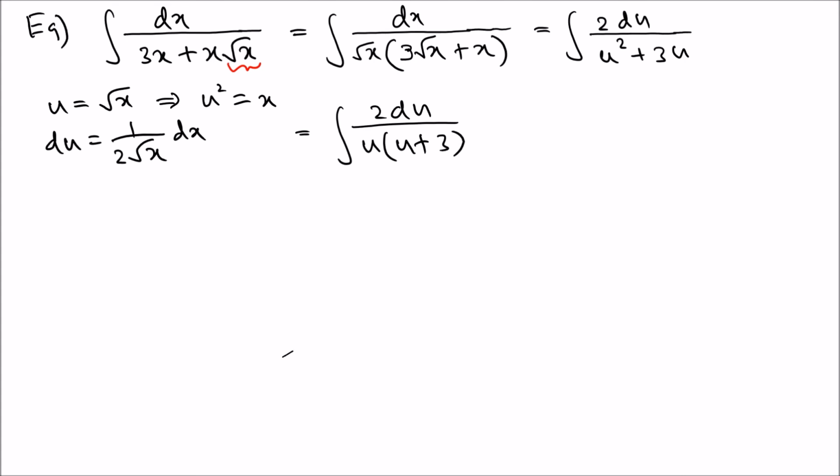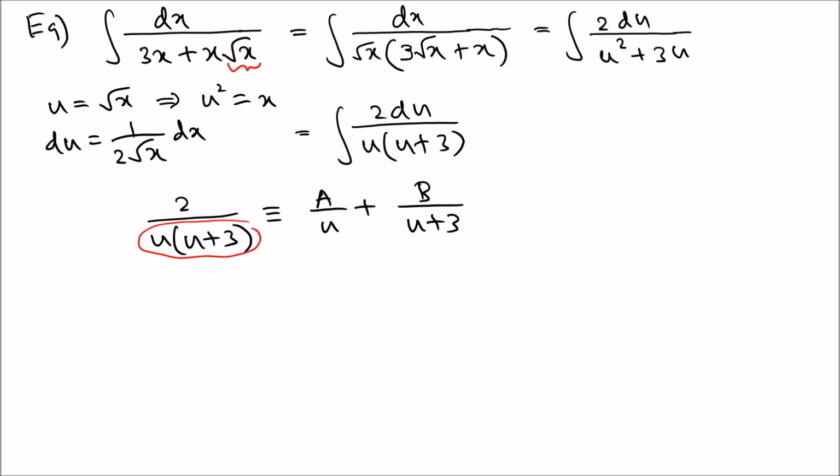You can write 2 over u times u plus 3 as A over u plus B over u plus 3, because those are different linear factors. If you multiply both sides by this term, 2 equals A times u plus 3 plus B times u. Now A and B are very easy to find.